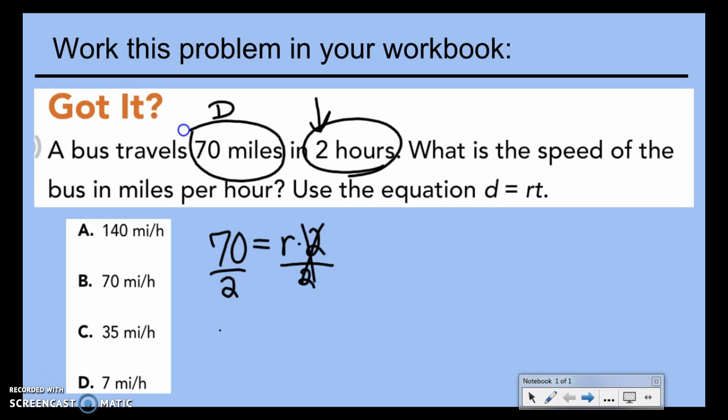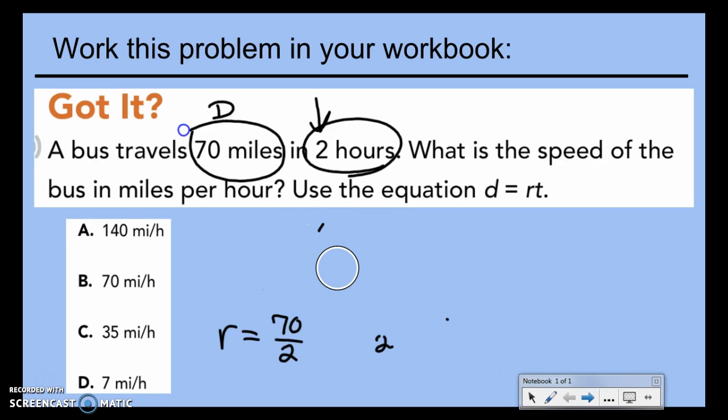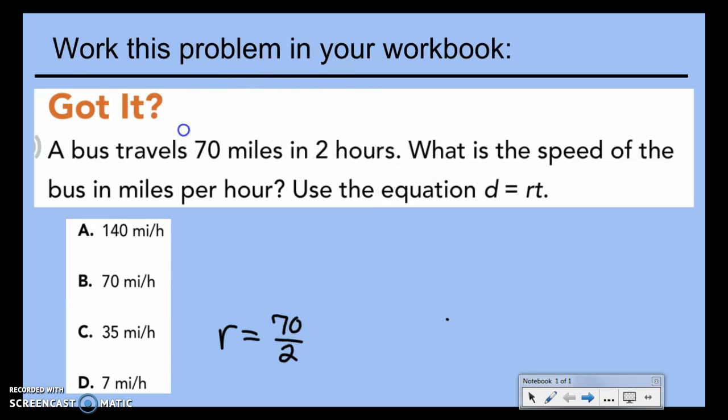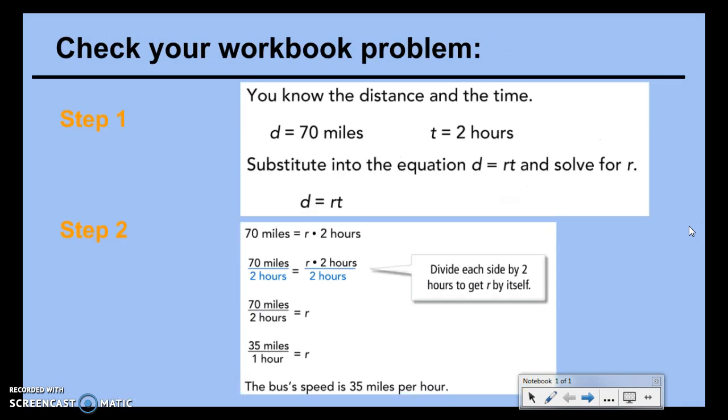So now you have R equals 70 over 2, or 70 over 2 equals R. They mean the same thing. Now you have to figure out what 70 over 2 is. It's the same thing as division, 70 divided by 2, and it is 35. So the rate is 35 miles per hour for that bus. And if you weren't sure, here's the proof. Ta-da!